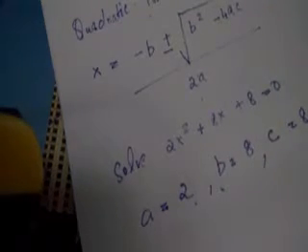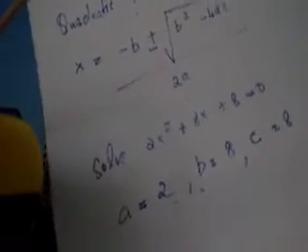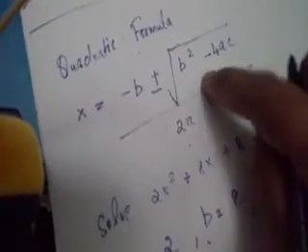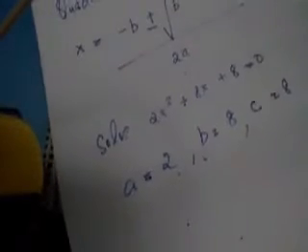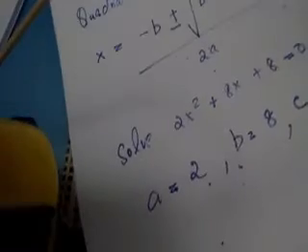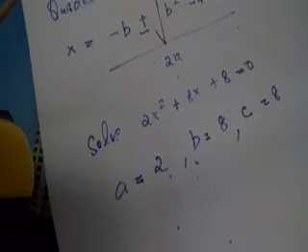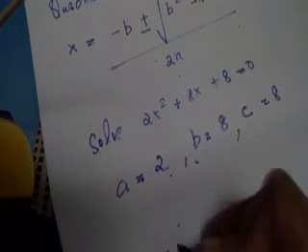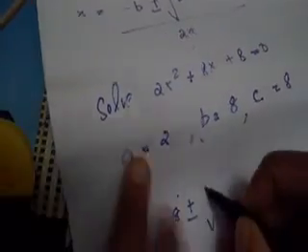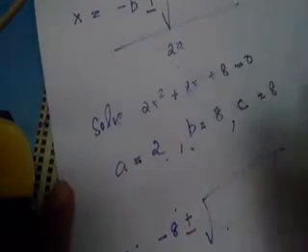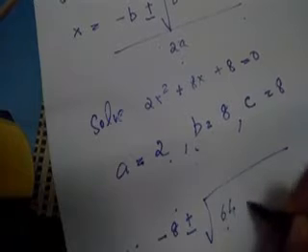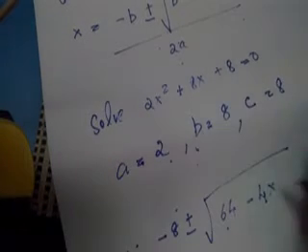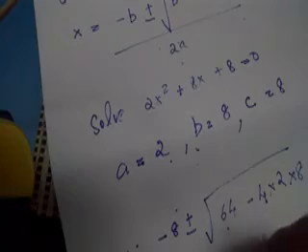Now you have to use the formula for finding this out. You substitute the values into the equation. You'll be getting x is equal to minus b, minus 8, plus or minus root of b square, that is 8 into 8, 64, minus 4 into 2 into 8, divided by 2 into 2.